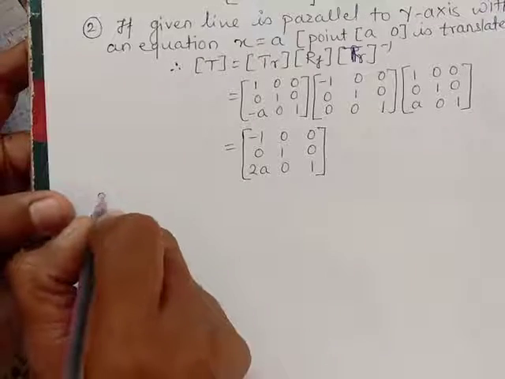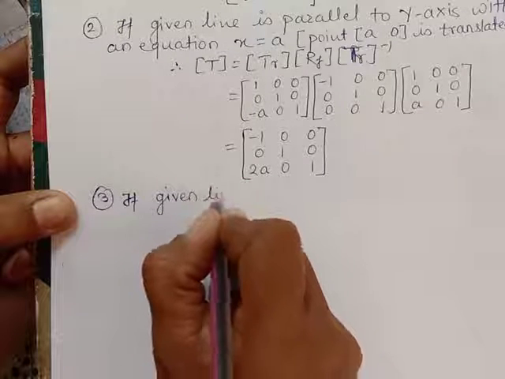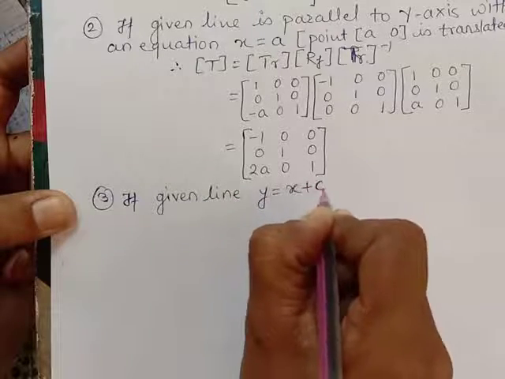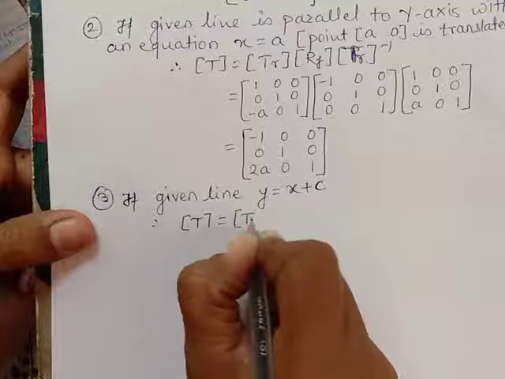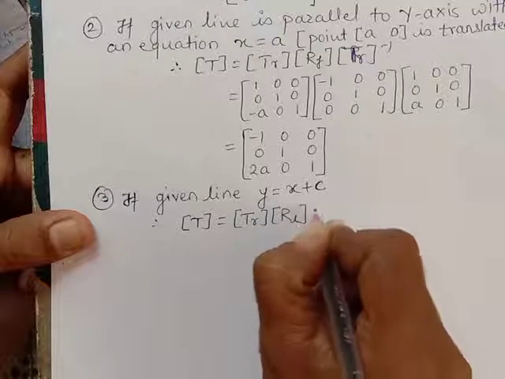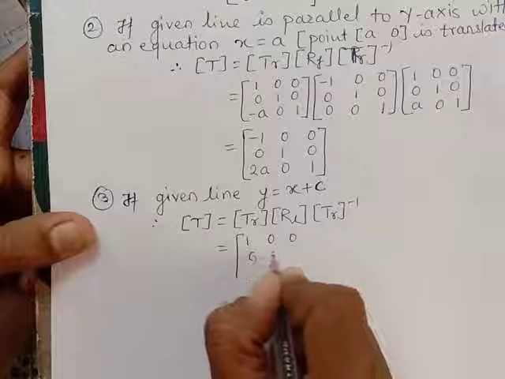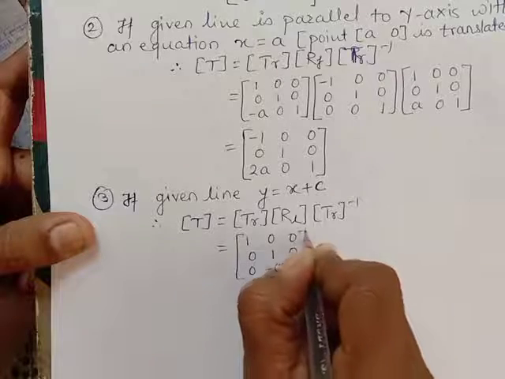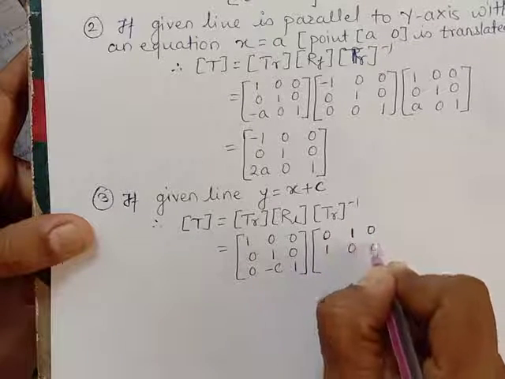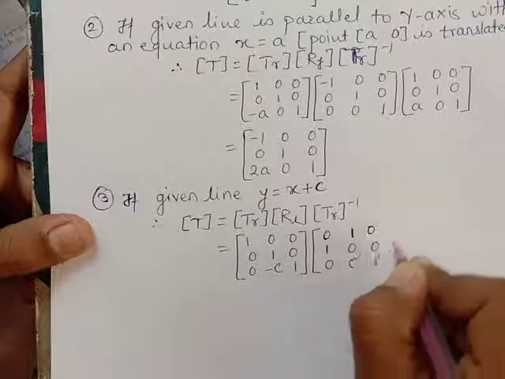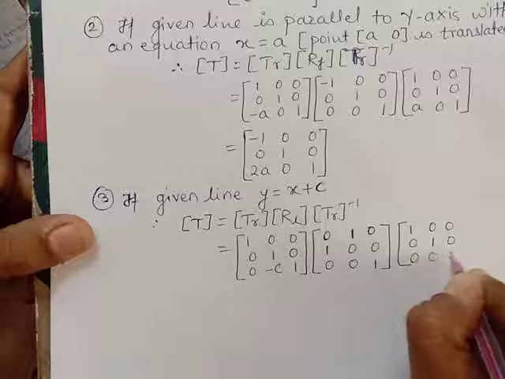Now note 3: if the given line is y equal to x plus c, therefore T equals translation, reflection and then inverse translation: 1 0 0, 0 1 0, 0 minus c 1, into 0 1 0, 1 0 0, 0 0 1, into 1 0 0, 0 1 0, 0 c 1.